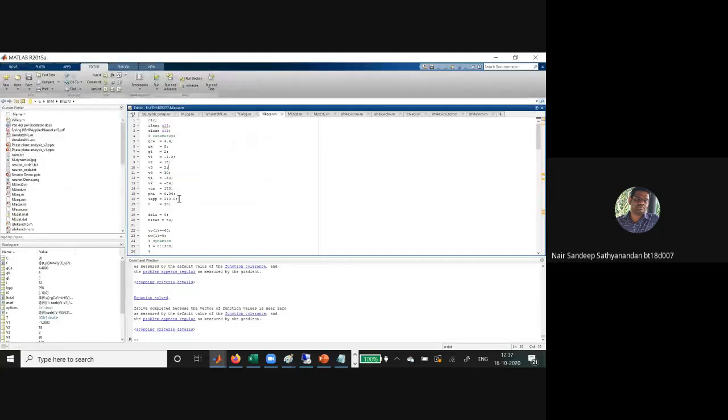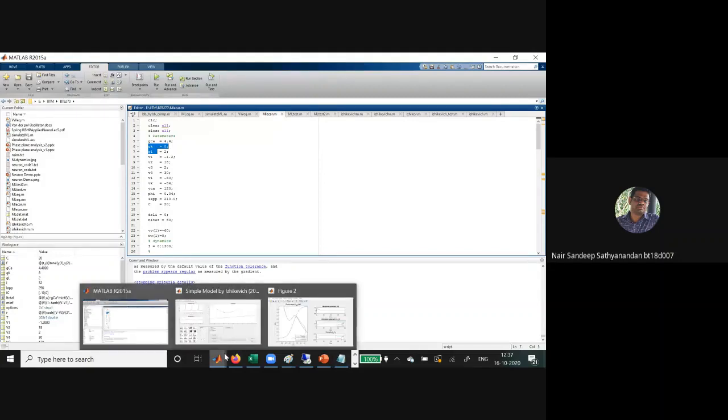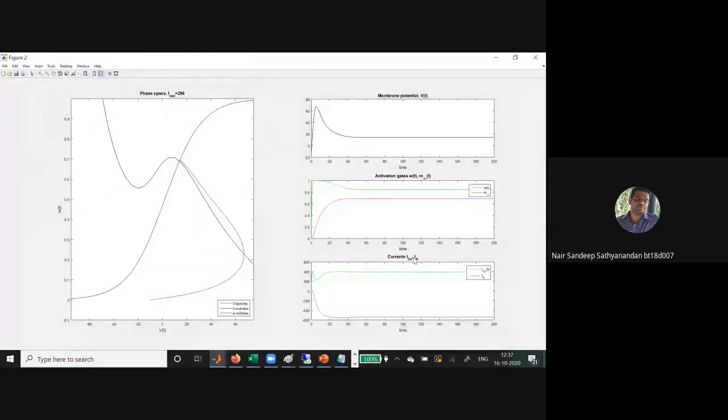You can also observe how, when this dynamics is happening, it mainly consists of the calcium and the potassium dynamics. So how the potassium and calcium currents are varying with respect to the current that is applied.